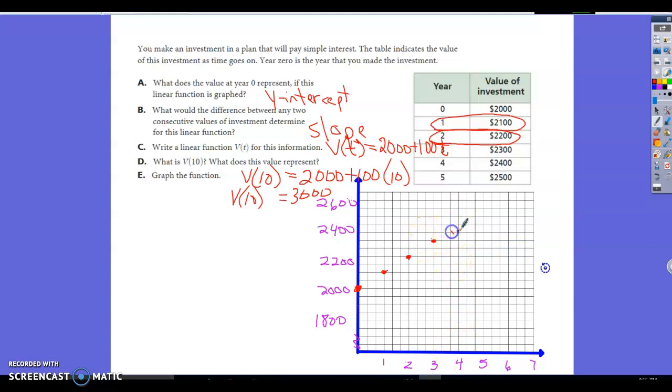See, I think the 4 is supposed to be right there. Can't tell where my points are. And 5 and 2500 is right there. So if I graph my points in the correct place, you can see that that would create a linear equation.